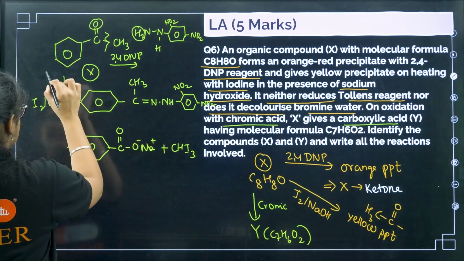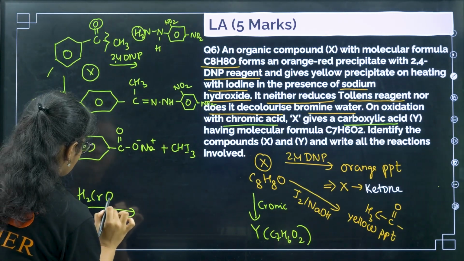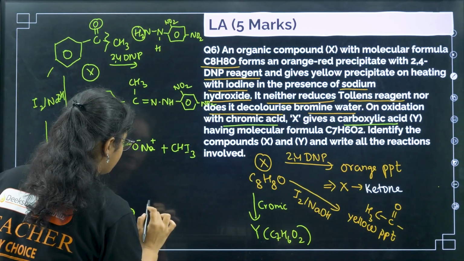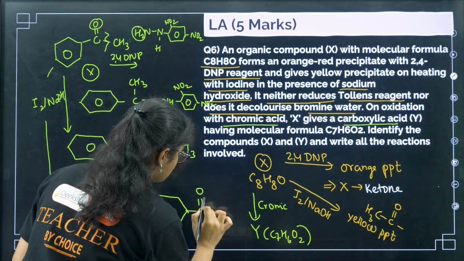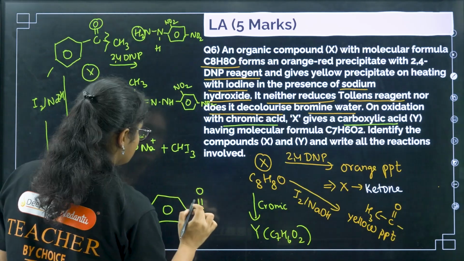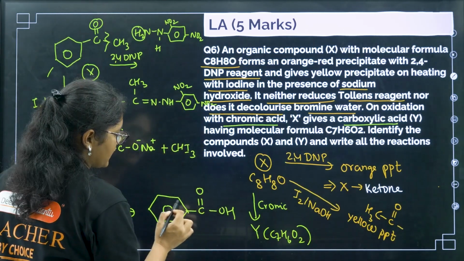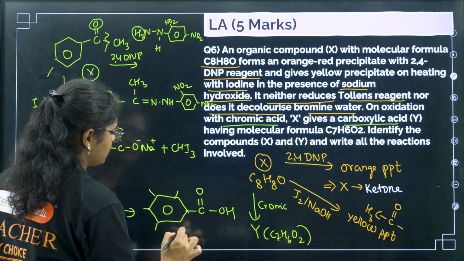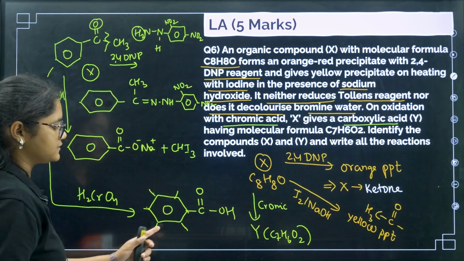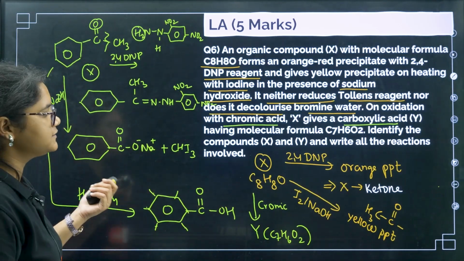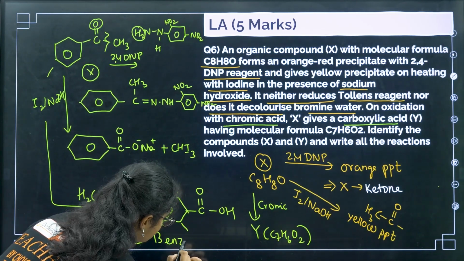On reaction with chromic acid, H2CrO4, we will get a carboxylic acid, C7H6O2, with a benzene ring of six carbons and the COOH group. That is the product we will get. Clear, all the reactions, X and Y. So this is your Y. Y is benzoic acid.